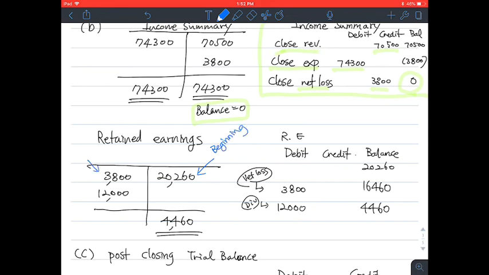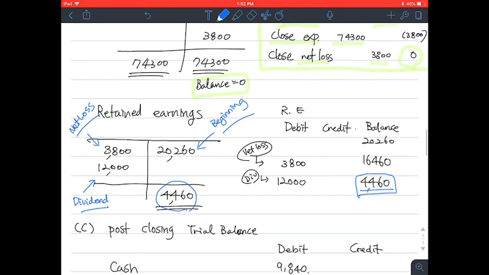And now we know that this 3,800 was from the net loss, and 12,000 was from the dividends paid out. So we have 4,460 for the retained earnings. The debit and the credit side should balance, and then your ending retained earnings should be 4,460.